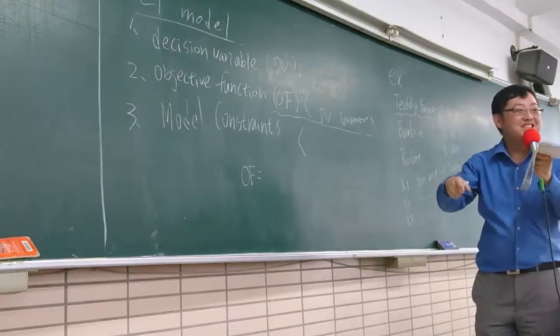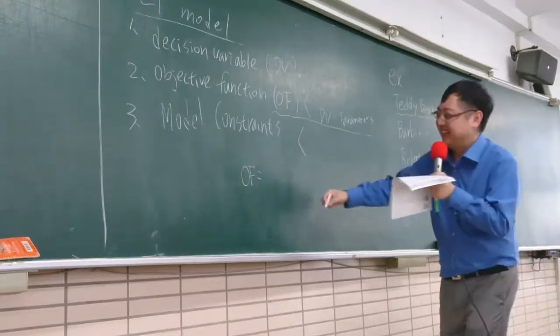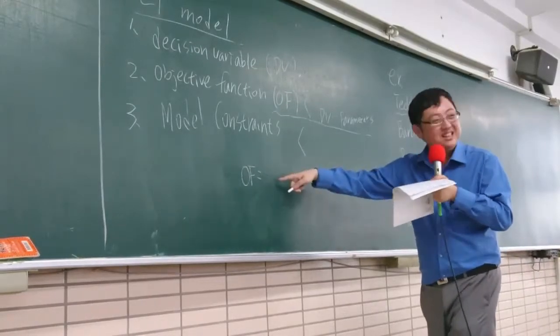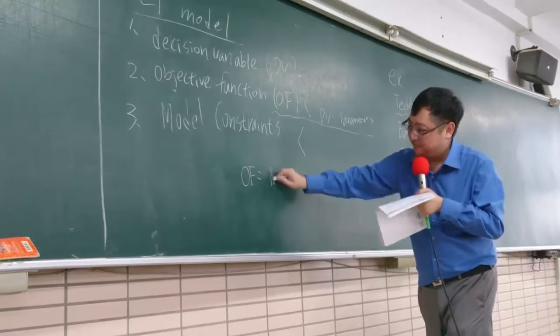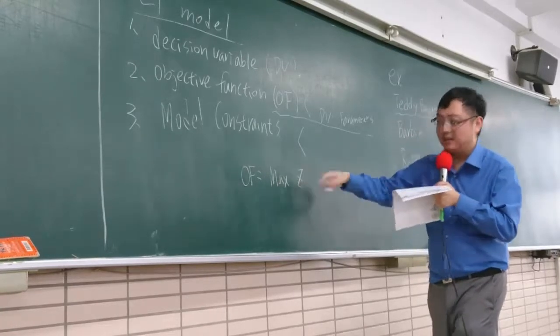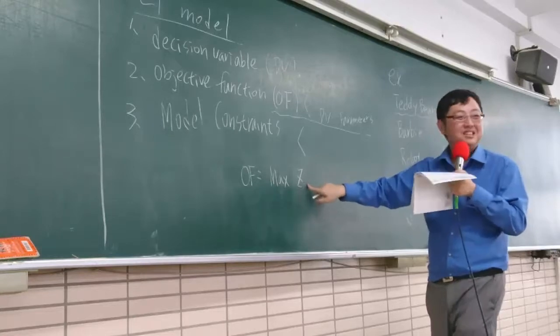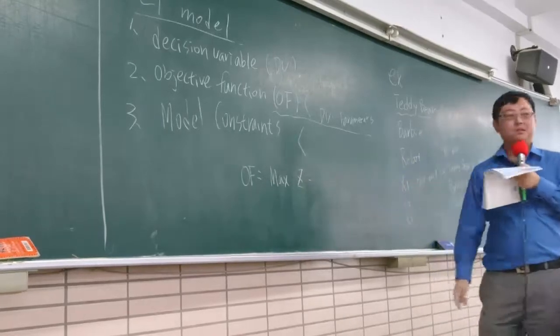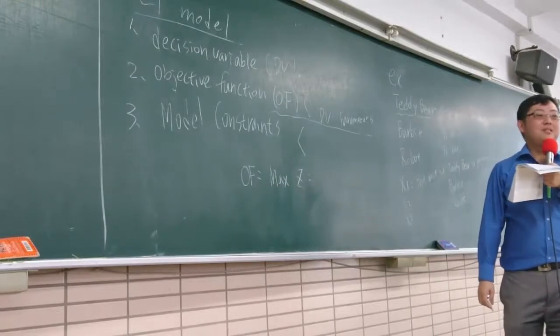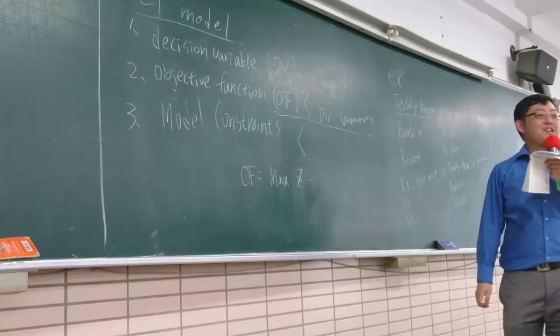Profit minimization or maximization? Min or max? Max. So we assume profit is Z. Our textbook calls profit Z. Equal to what?